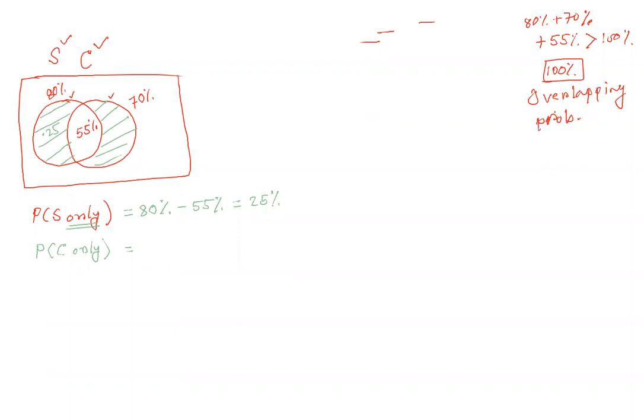So how do I find the right shaded region? You would subtract 70 minus 55, which would give you 15? Exactly, 70% minus 55% gives you 15% or 0.15.